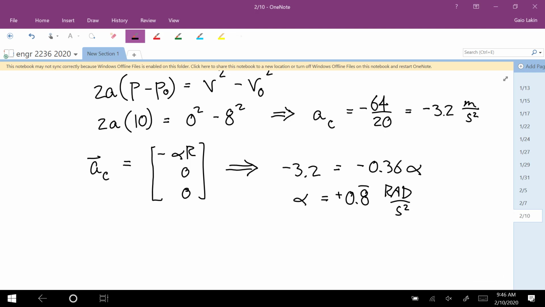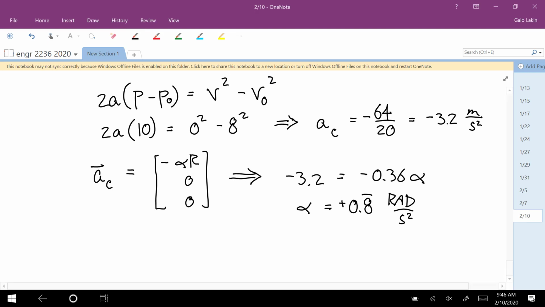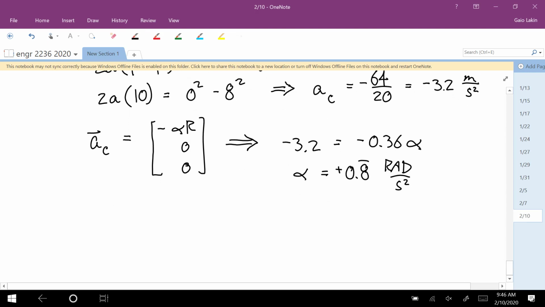What does the 2a stand for in physics? That's just, so they're the three constant acceleration equations.